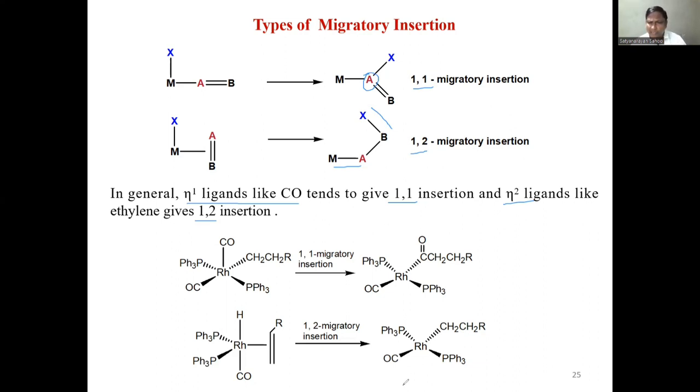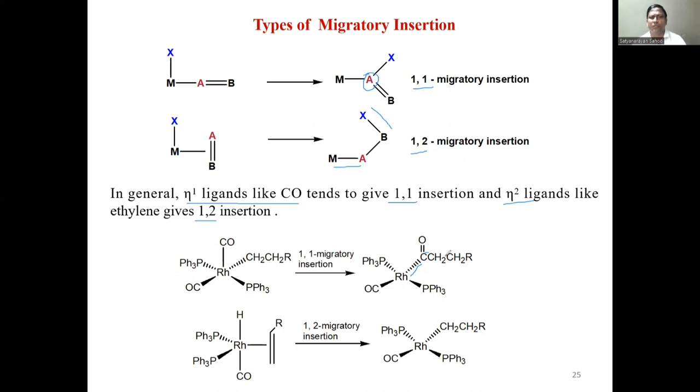We can see some examples to discuss this. Here you can see, let us say this is a 1,1 migratory insertion. This was basically a dative bond, and this is a normal covalent bond, a rhodium-carbon bond. Now you can see we are having a rhodium-carbon single bond, and let us say this C-C bond.